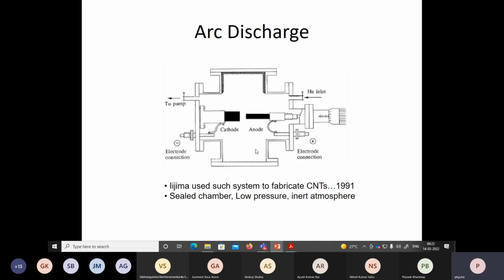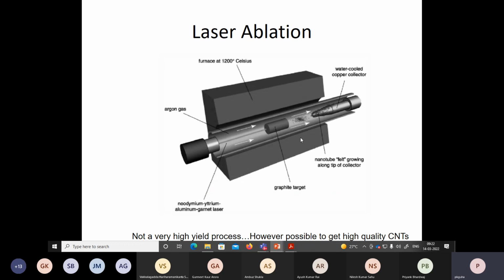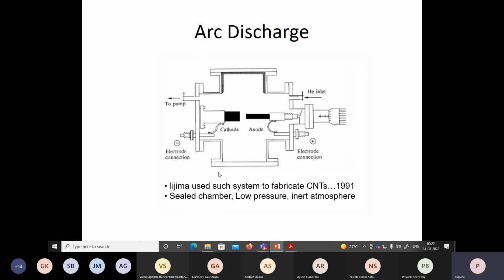This is not the PPT which I usually show, but I will see if I can get it tomorrow. So this is the arc discharge technique. There is another method known as the laser ablation method. In the arc discharge technique, you need quite a high temperature to perform this.